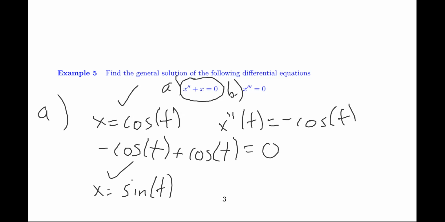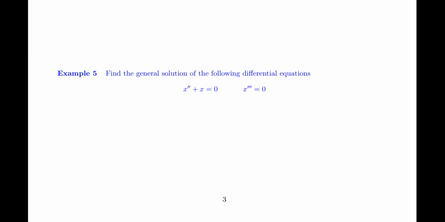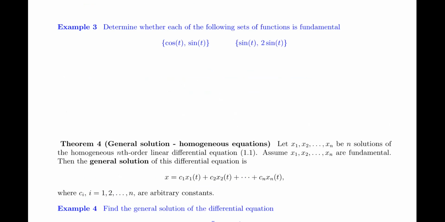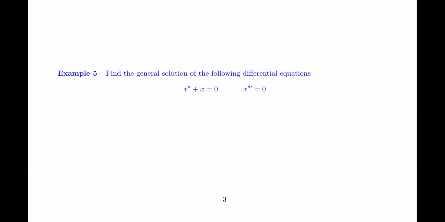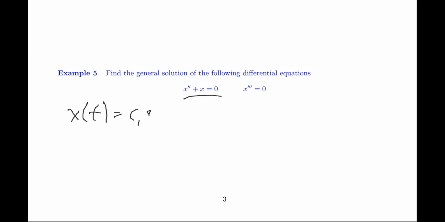Then I would like us to recall that in example 3, we showed that cosine of t and sine of t form a fundamental set. So, since cosine of t and sine of t form a fundamental set, and they are solutions to this linear differential equation, that tells us the linear combination of those two solutions is our general solution to this differential equation.